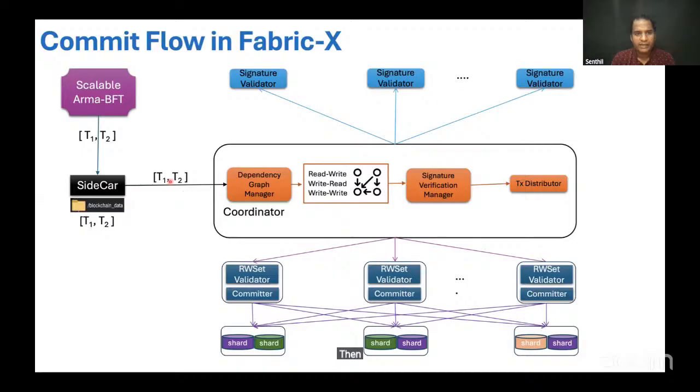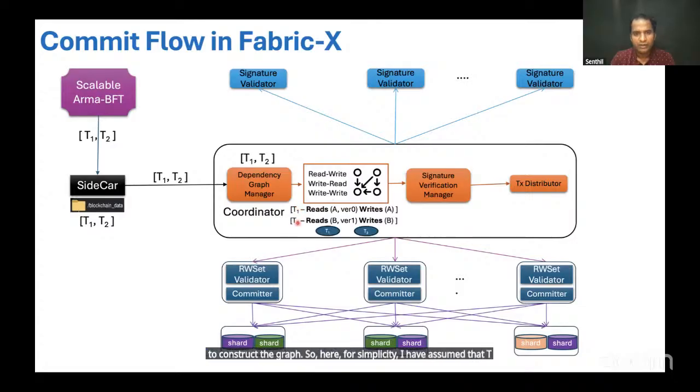Then the coordinator would pull the blocks and then give them to the dependency graph. So the dependency graph would look into the read and write set of these transactions to construct the graph. Here, for simplicity, I have assumed that T1 and T2 are independent because T1 is reading A and writing A, and T2 is reading B and then writing B. So we have two nodes in the graph, but they don't have any dependencies.